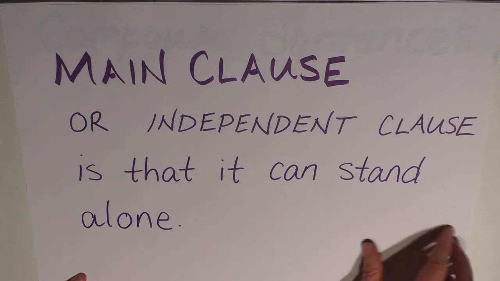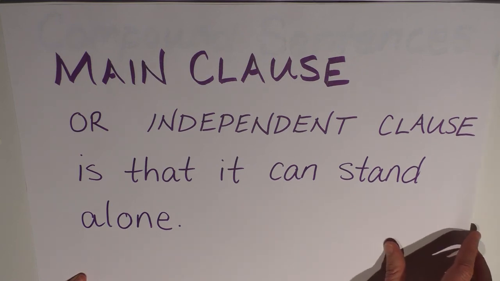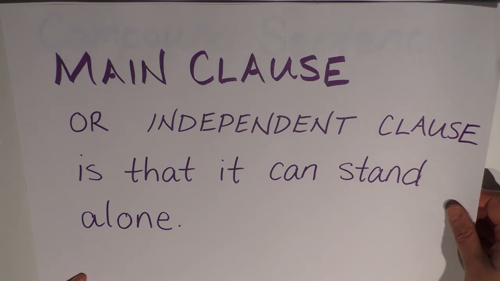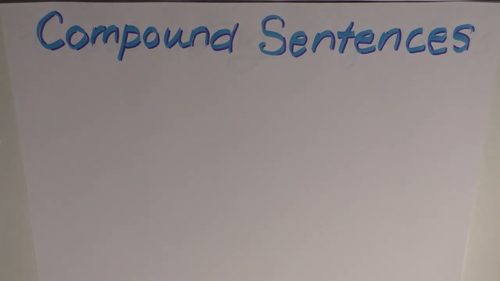Okay, just like we saw. So if we were to make some rules about what a compound sentence entails, we would come up with the first rule. And our first rule is this, that it must be comprised of two or more main clauses. I'll write that down.